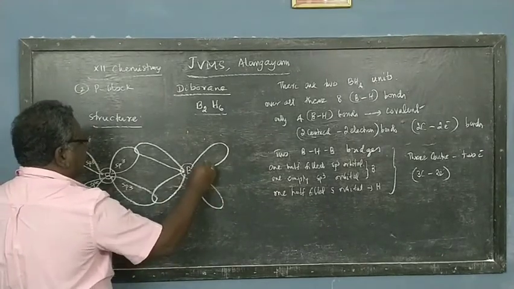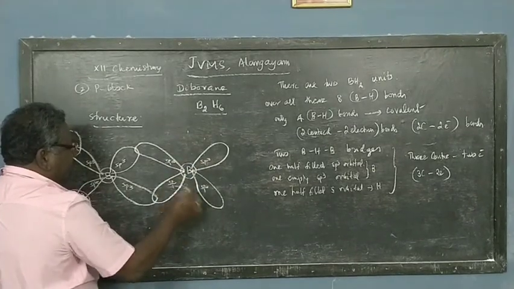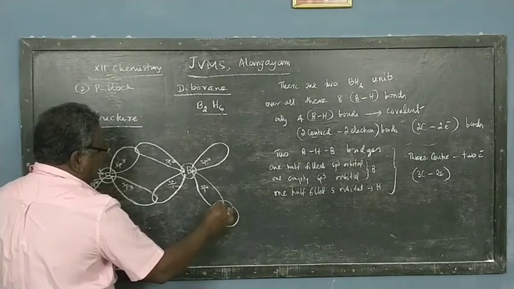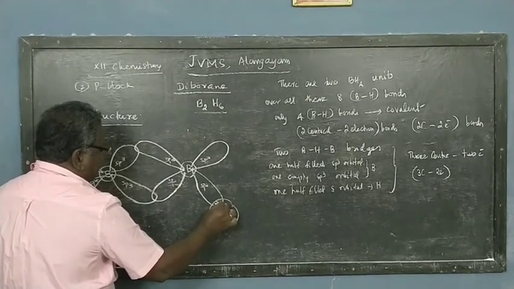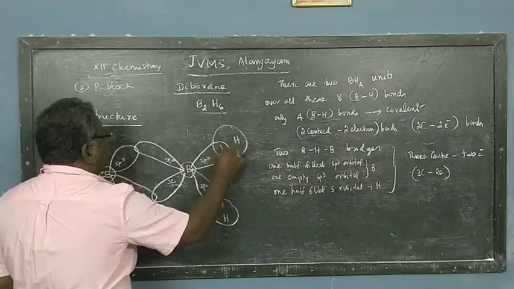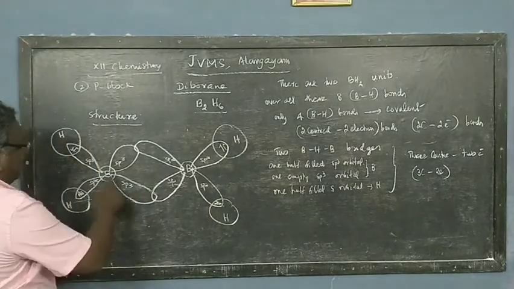These are all sp3 orbitals of boron. Here again, 1 hydrogen s orbital will be overlapping, and 2 electrons are equally shared. And here again, 1 hydrogen, 2 electrons equally shared. Now this is the bridge.